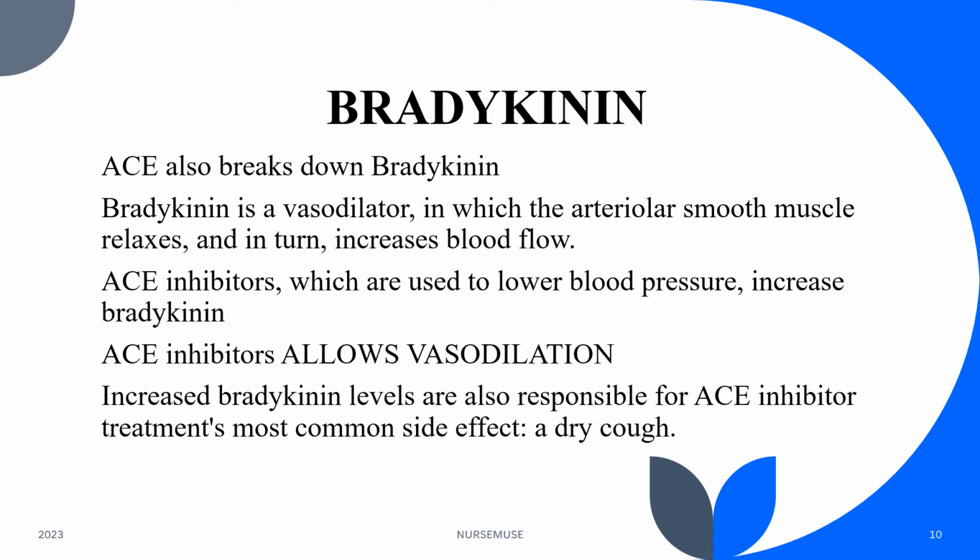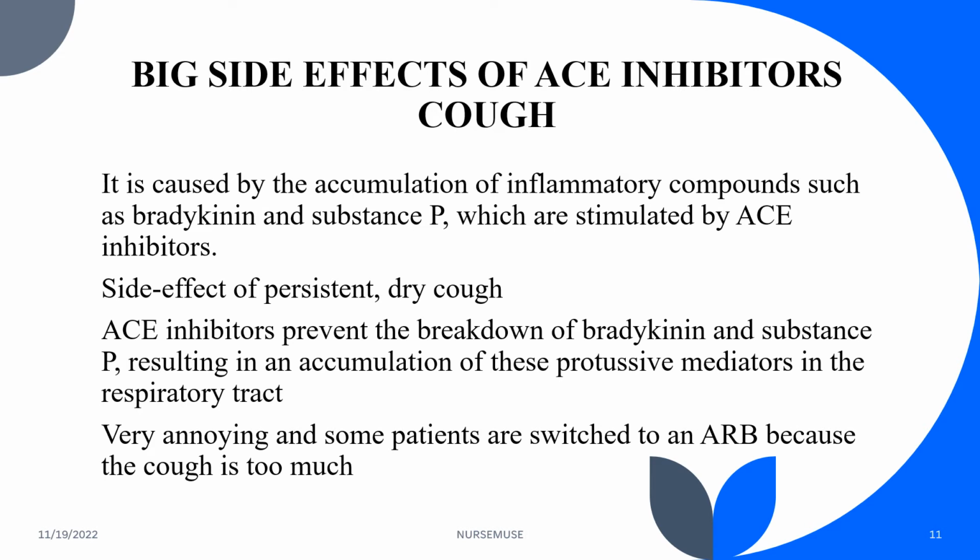Now, bradykinin has some negative effects for people taking ACE inhibitors. One of the most common effects is producing a dry cough. The reason for this is that there is an accumulation of the inflammatory compounds bradykinin and substance P, which are stimulated by the ACE inhibitor.